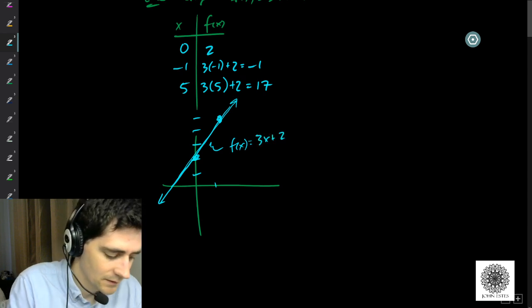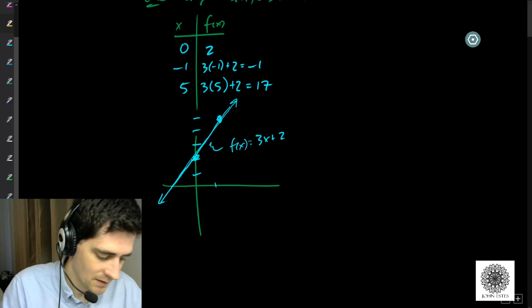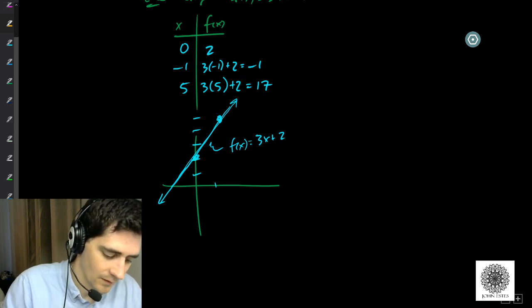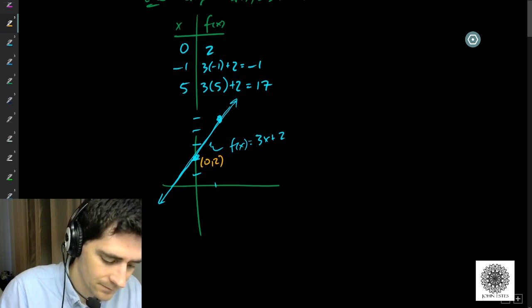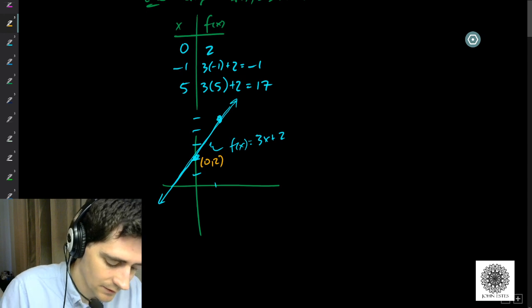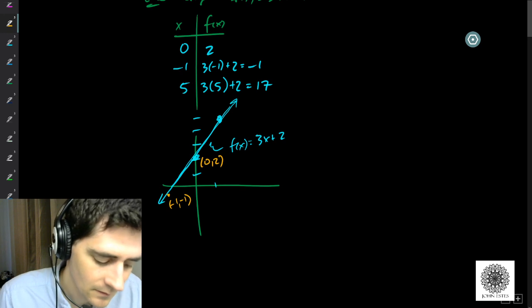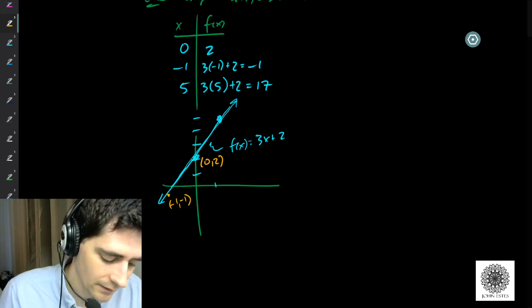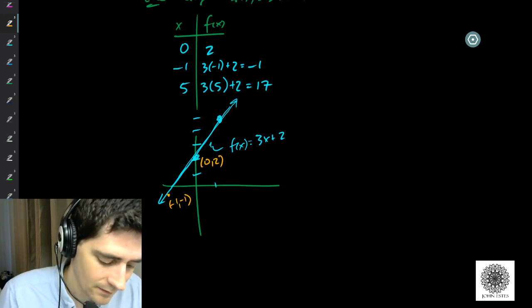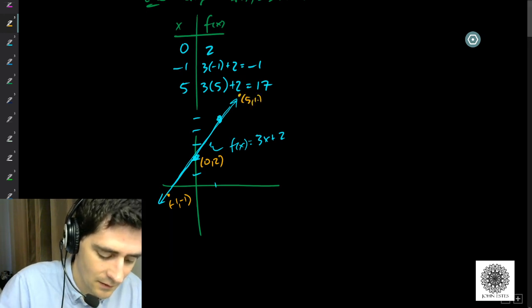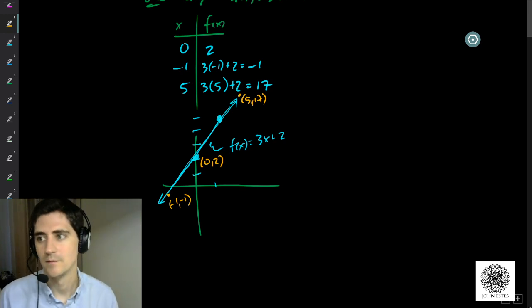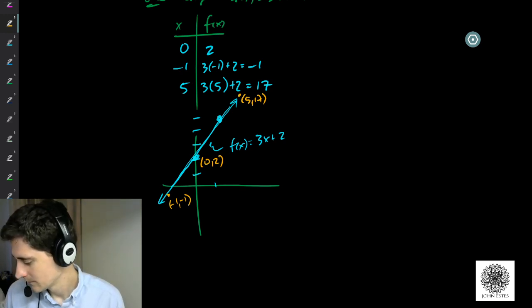And if you notice, the points we got from our table, like 0, 2, sit here on the line. -1, -1 would be down here somewhere. And if I did 5 and 17, that's up here somewhere. We could have picked different points, and we just keep going along that line.